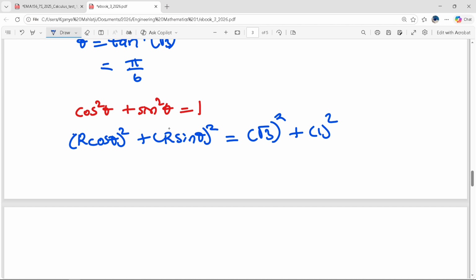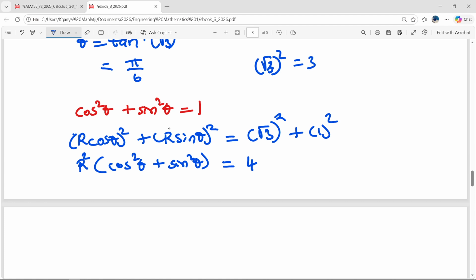Then from here you'll have r squared as a common factor, times cos squared theta plus sine squared theta in brackets, and your right hand side will equate to 4, because when you square this root 3, you only get 3, and it's going to add to this 1 here.